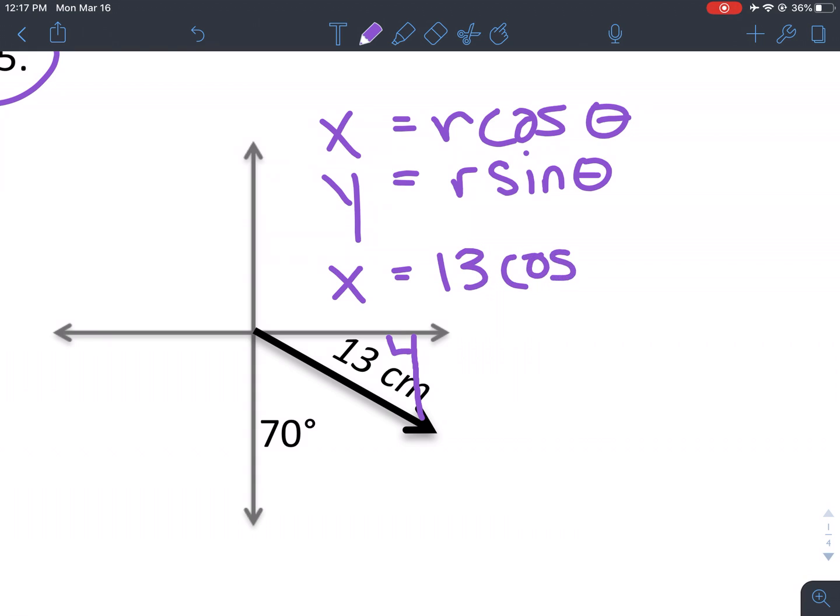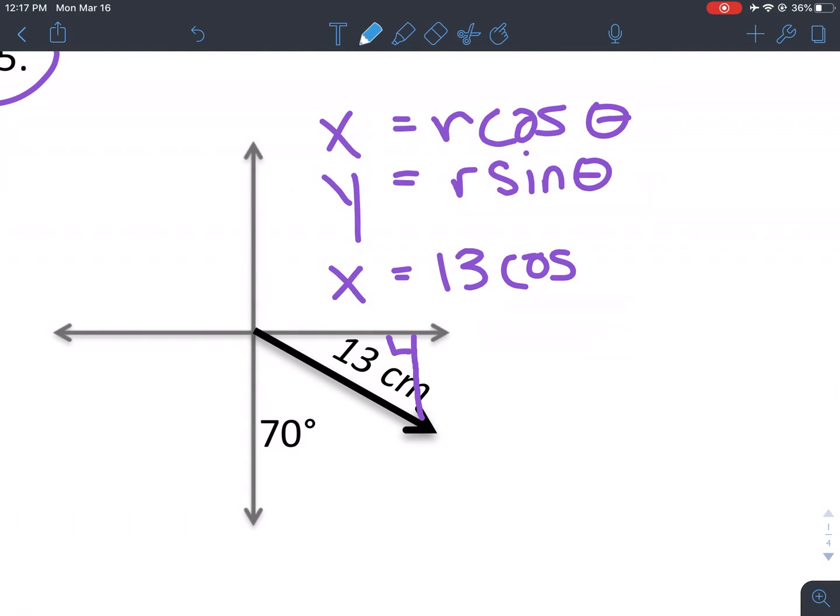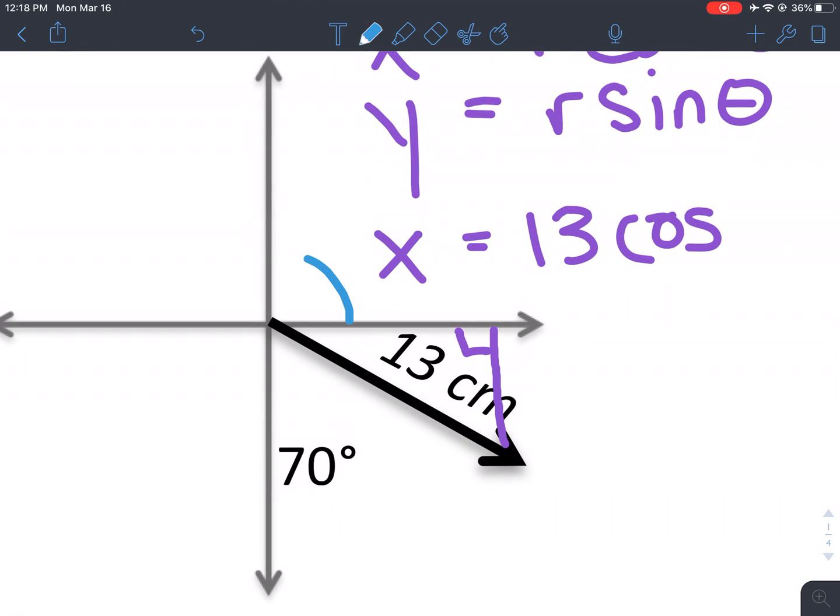But be really careful about the angle that you use here, because if you use 70 degrees, that might get you in the right or wrong quadrant. It will probably put you in quadrant 1, so that's going to give you a bad component because you're going to have the wrong sign. So what you really can do here is always use theta from the horizontal 0 degree axis.